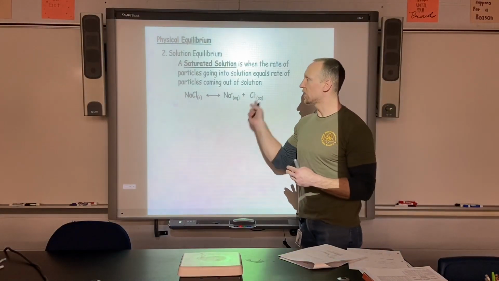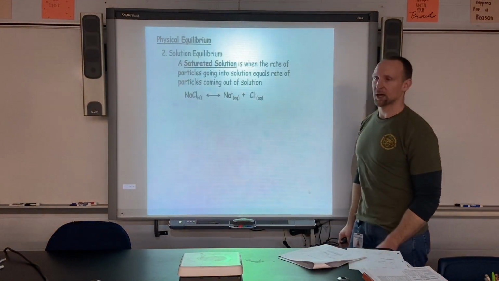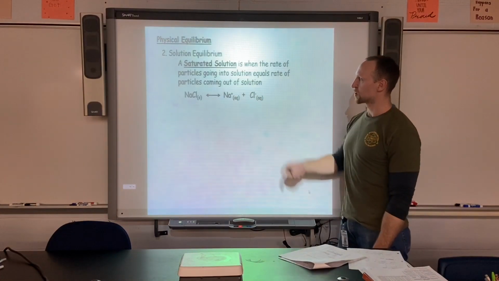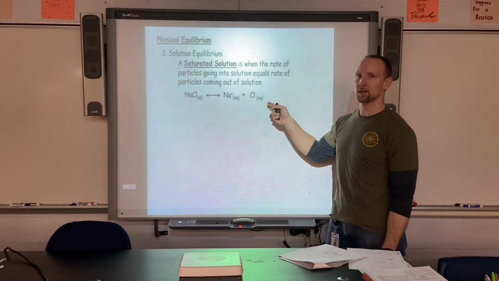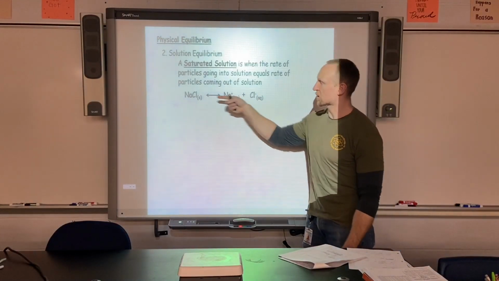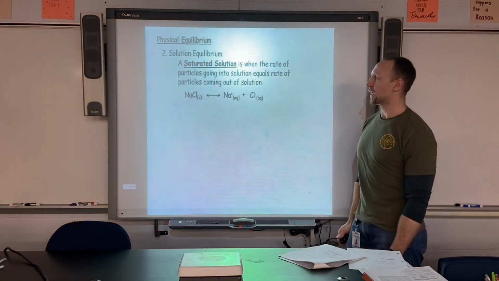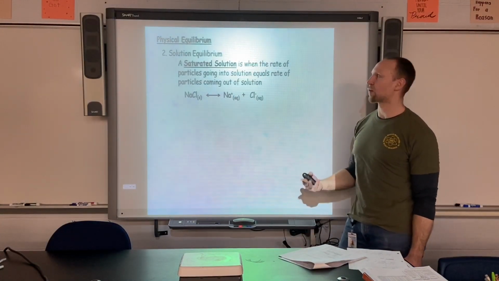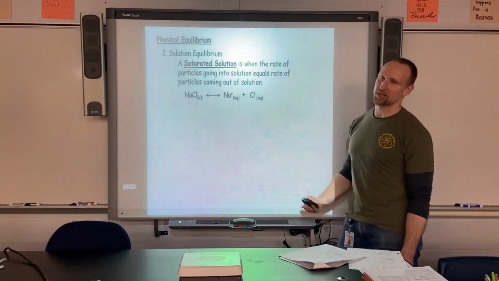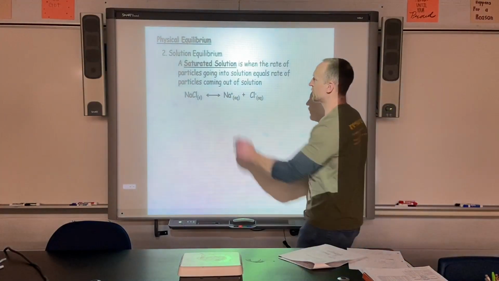So our reaction here is simply just NaCl dissolving. So the rate at which the NaCl is breaking up into sodium and chloride ions is the same at which those ions are coming back together and forming NaCl. So that's all you really need to know. The only type of solution that's ever at equilibrium is a saturated solution. All right?